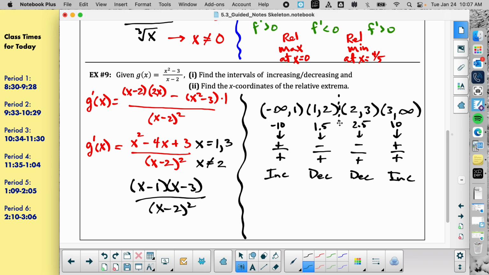If I know this is a vertical asymptote, I'm going to draw a dotted line there so that I cannot write an answer of relative max or min. Increasing to decreasing would be a relative max. Decreasing to increasing, relative min.